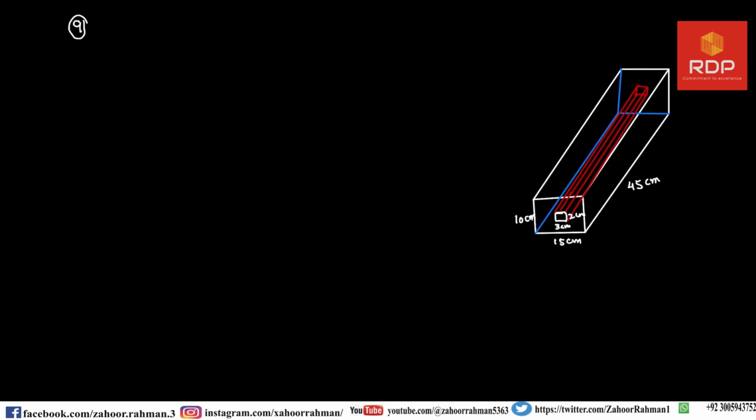Now I am turning my focus to question number 9. There is a glass cuboid, and the red portion is saying that this much area has been removed from the cuboid, and they are telling us to find the volume of the hollow glass structure.